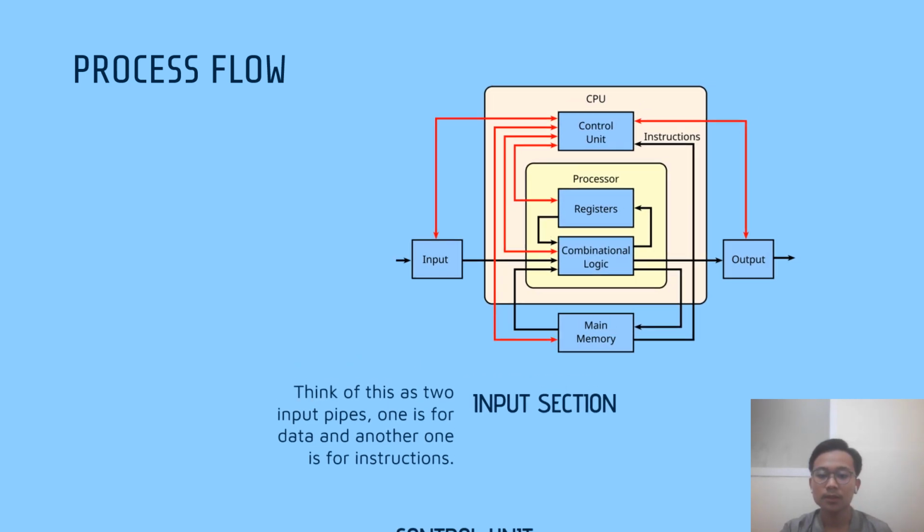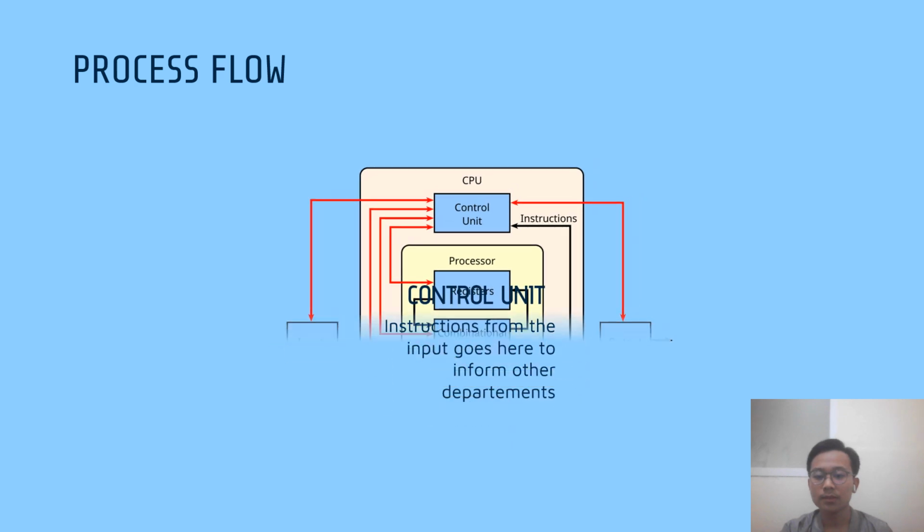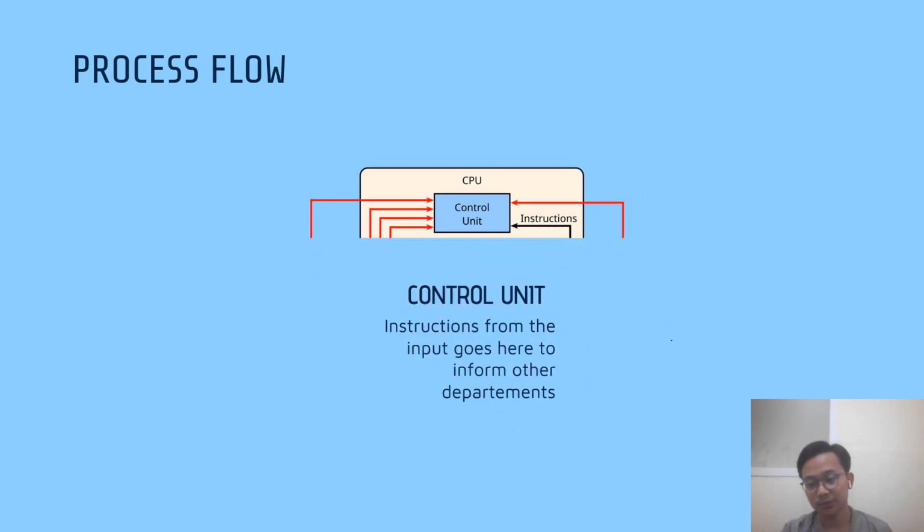The control unit will handle the instruction from the first pipe to inform the other departments. In other words, this is the main control station of the CPU, which makes the other parts know what to do.